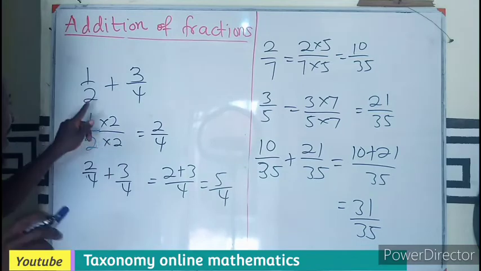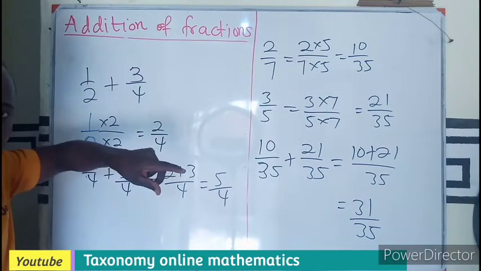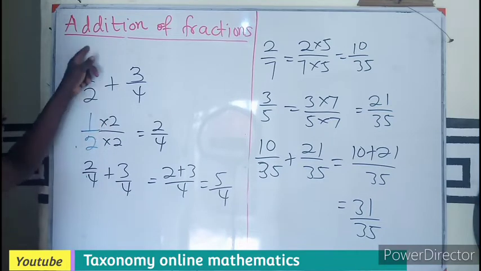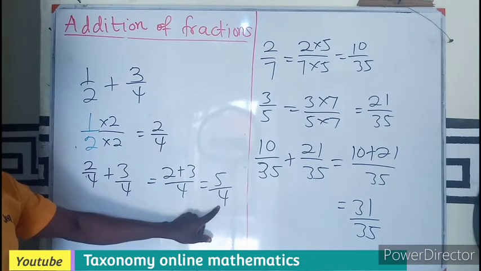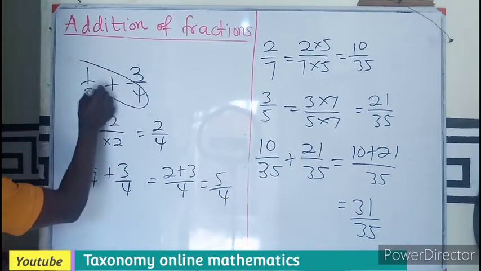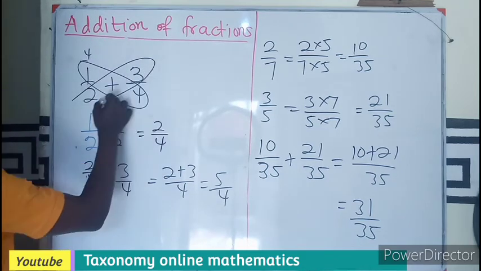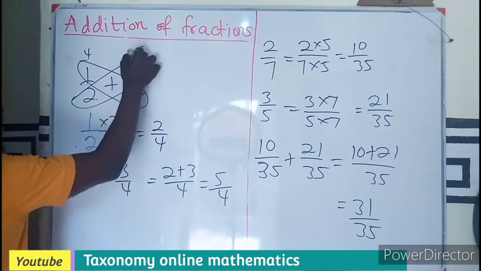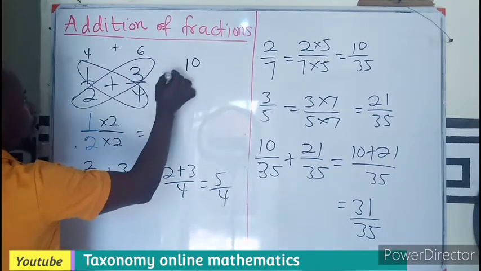You can see that in this case, one of the denominators is a factor of the other. So we can easily create an equivalent fraction of that fraction. Then we produce our answer. Or better still, diagonal multiplication 4. The other diagonal multiplication 6, right? We add to get 10.